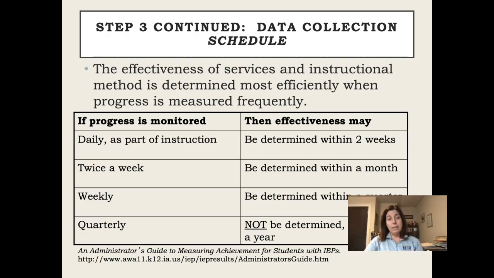On the flip side, if you're monitoring progress on a quarterly basis, then you may not be able to determine the effectiveness of that service until maybe a year from now. So again, if you can, it's good to monitor progress on a more regular basis so that you can determine whether or not a goal or a service or support needs to get adjusted during the year.